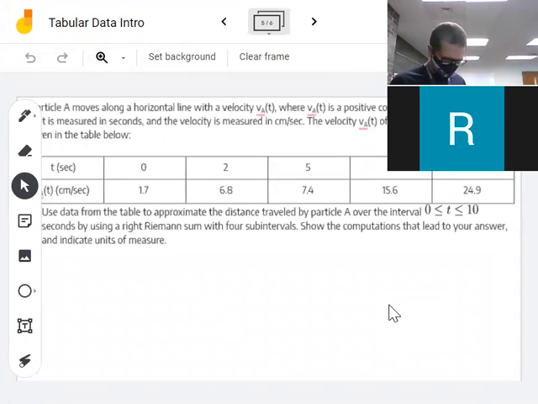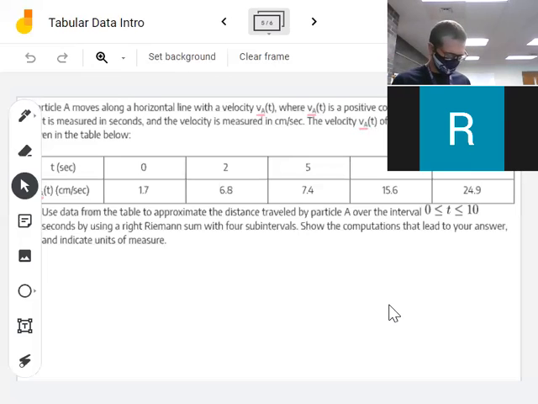So let's see. Particle A moves along a horizontal line. I'm going to read it off. So particle A moves along a horizontal line with the velocity v sub a of t, where v sub a of t is a positive continuous function of t. The time t is measured in seconds. The velocity is measured in centimeters per second.